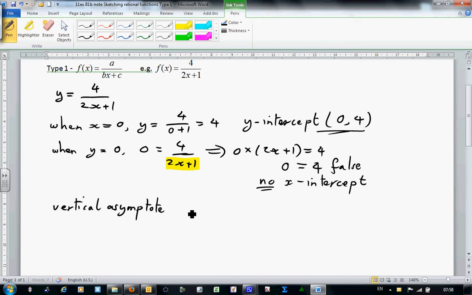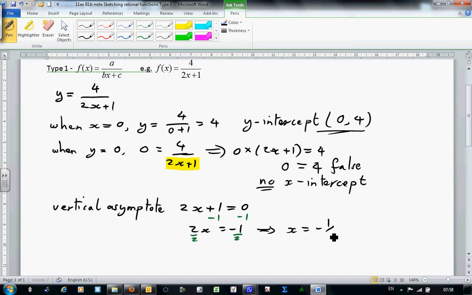When we put the denominator to 0, we're obviously saying we're dividing by 0, which we can't do. So when does that happen? Well, it's quite simple. Take negative 1 off both sides. 2x equals negative 1, divide by 2, and divide by 2. So this implies that x equals minus half is our vertical asymptote.